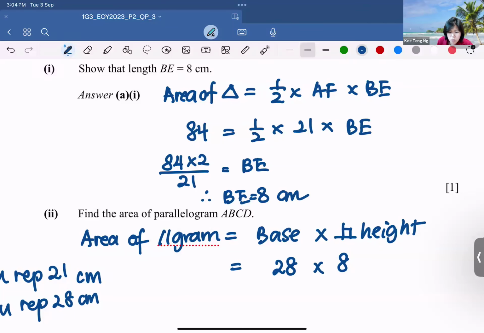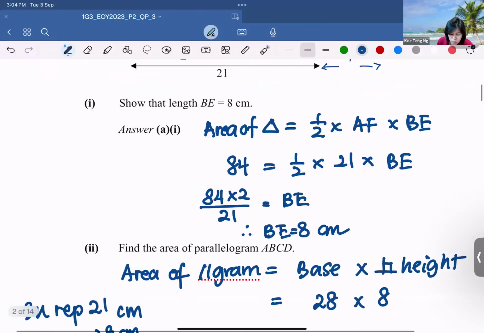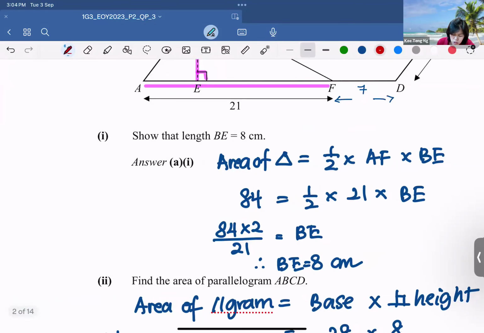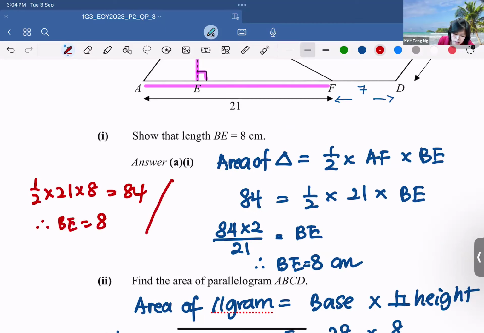Now I just want to highlight a word of caution. Some students will write half times 21 times 8 equals 84, therefore BE equals 8. This method is not correct and not acceptable. This is guess and check, or substituting the value, which is called verifying the answer.